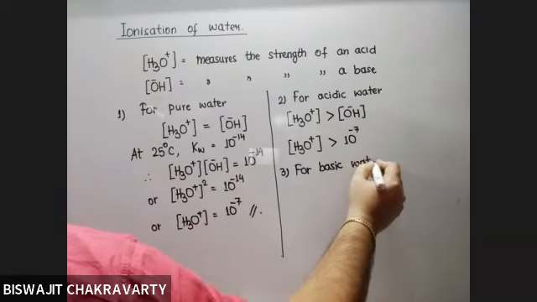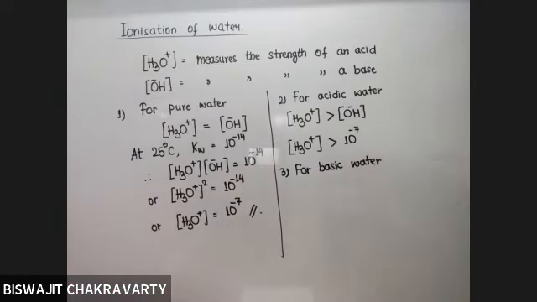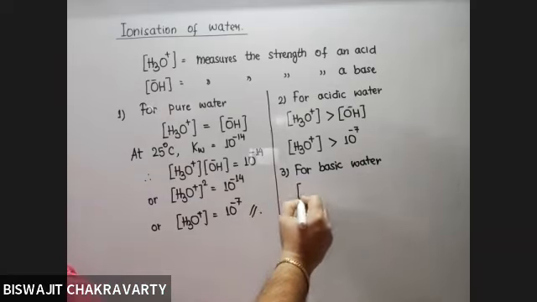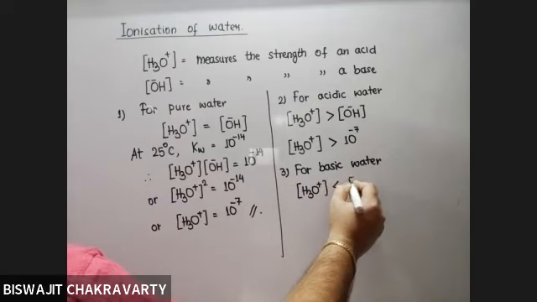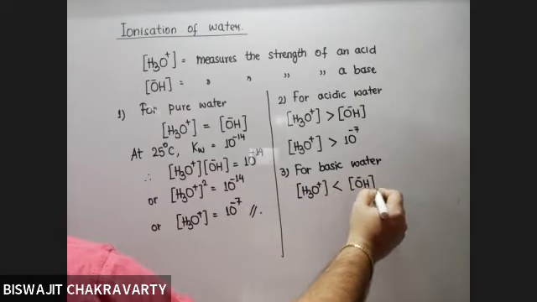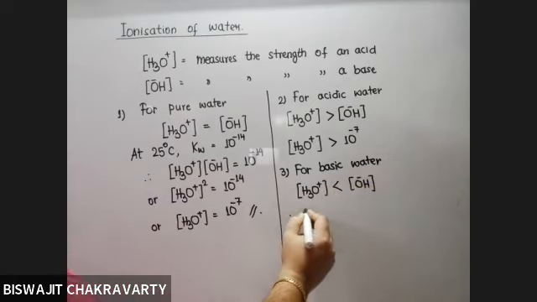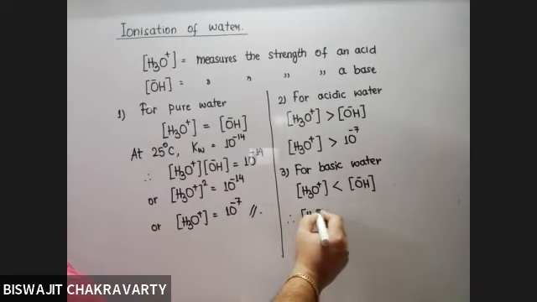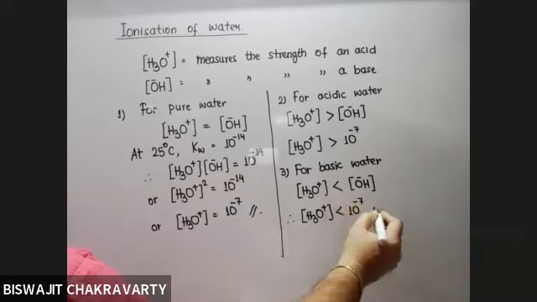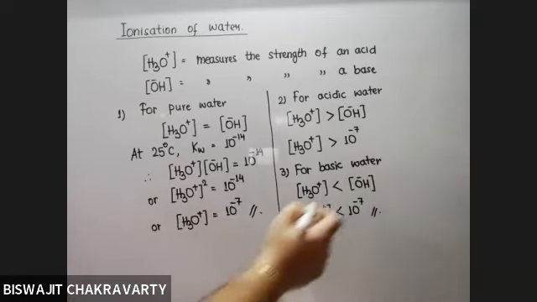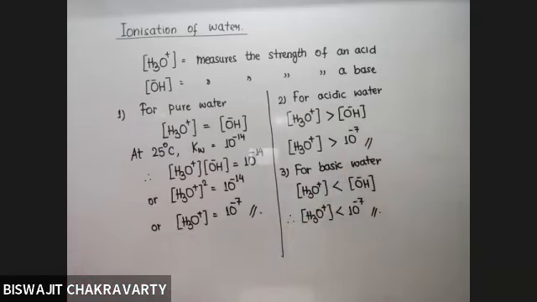If water is basic, if I add a base from outside, then H3O plus will be less than OH minus. Therefore H3O plus will be less than 10 to the power minus 7, will it not?